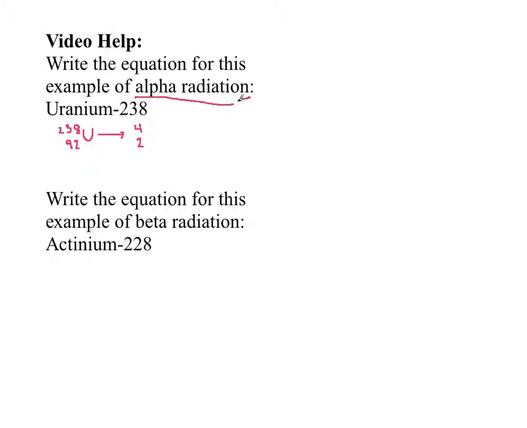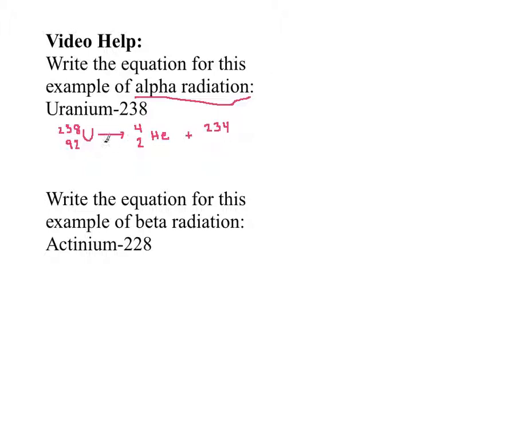So it's going to release an alpha particle, which is represented in the following way. And then it's going to release one other thing. Now, all you have to do is simple addition. Here the total is 238 for the mass number. If I lose 4, this is going to have to be 234, because 234 plus 4 is 238.